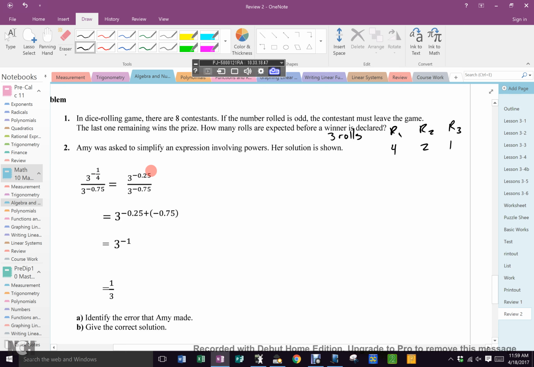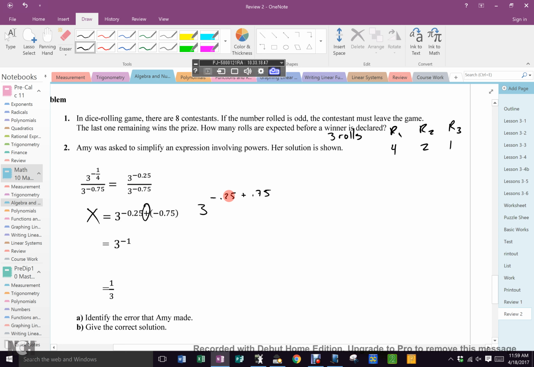-1/4, -0.25. Cool. Since it's the same base and it's division, we're going to subtract, yeah? What did Amy do? Added. There's her mistake, right? So that's where she's toast. So we got to fix it from there down. 3 to the -0.25 minus -0.75 becomes plus 0.75, doesn't it?